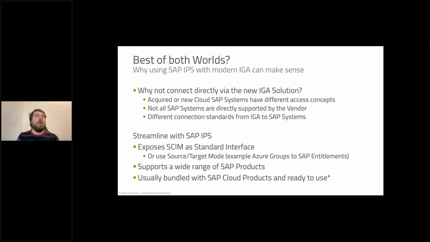I saw a demo where they used SAP IPS to connect SuccessFactors, HR SuccessFactors, to their landscape, and just use it as a middleware to not get into too much detail of connecting this solution to the IGA solution directly, but rather using IPS and then SCIM for all the attributes that were needed. So that was a good solution, and quick and fast. It could help with reducing costs here and also using what was already connected.